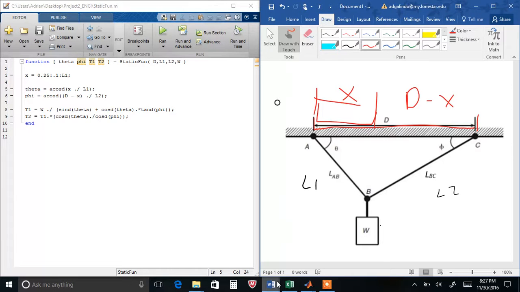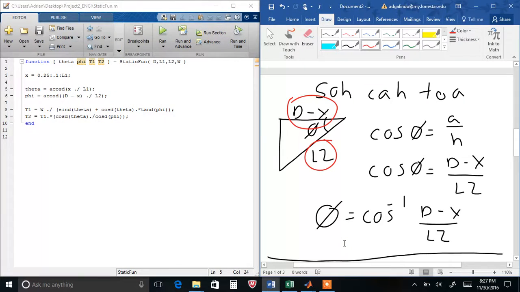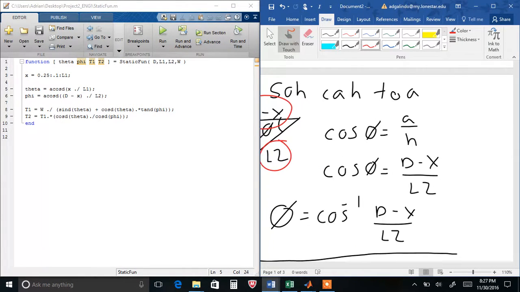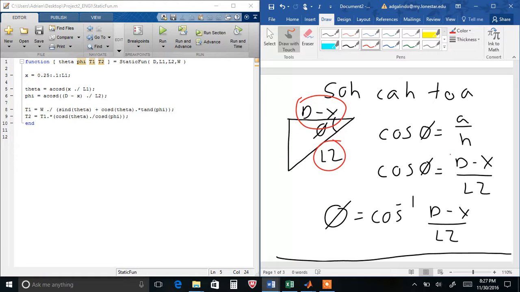And so that's where we get d minus x. That goes to the equation right here. Then you just plug in those values into the cosine and take the inverse of it, and then you get your phi.